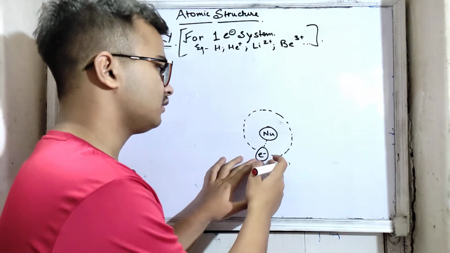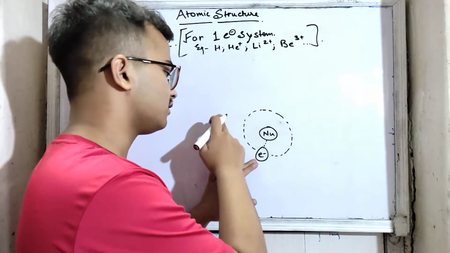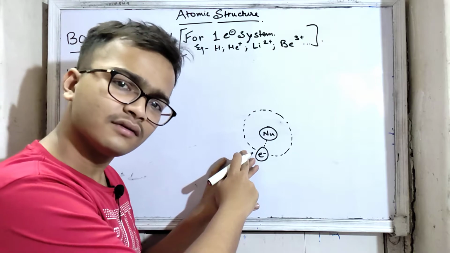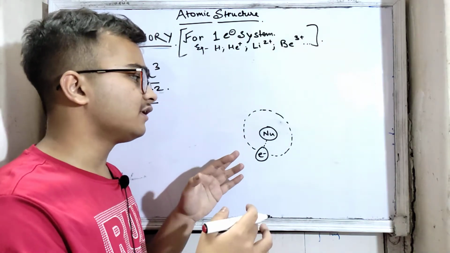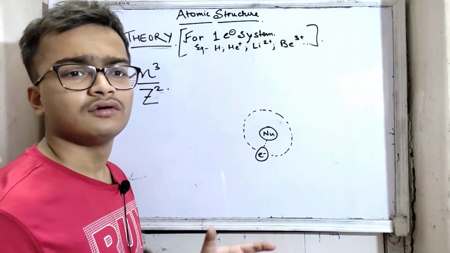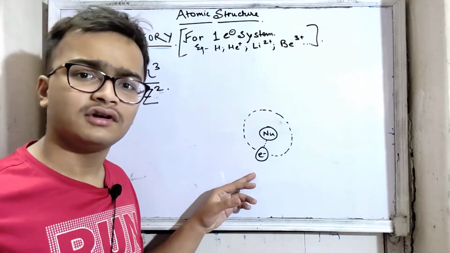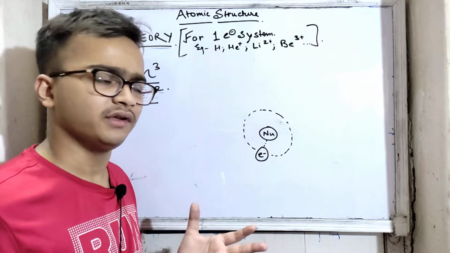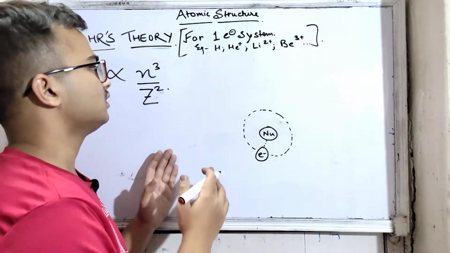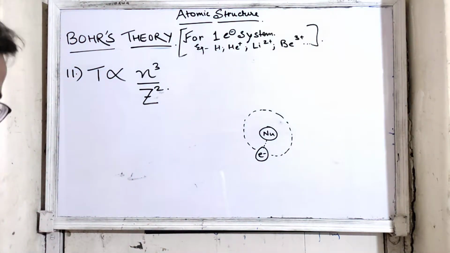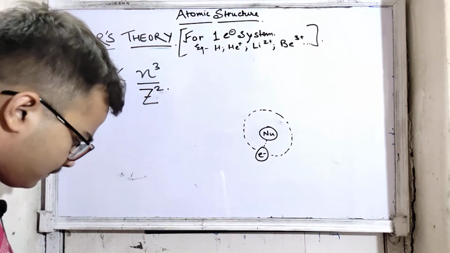So the electron will cover the entire circle and again come back to this position, right? So the time taken by the electron to complete one complete rotation around the nucleus of the atom is called the time period. So time period has the formula of n cube by Z square given by Bohr.